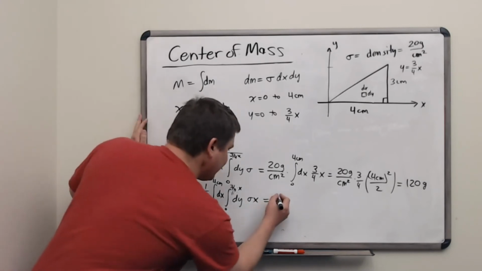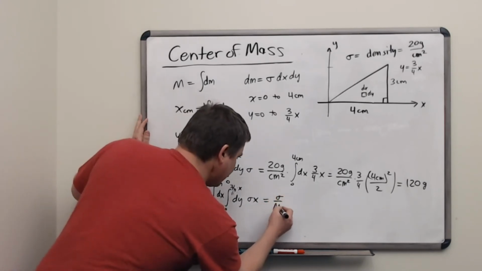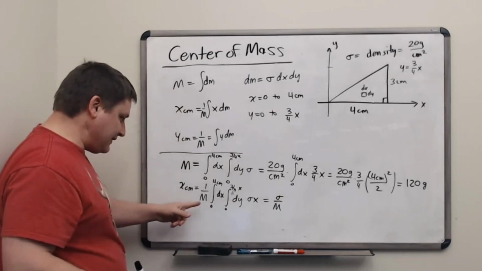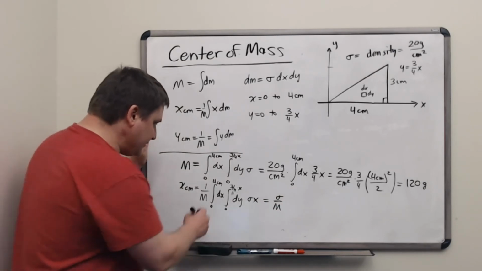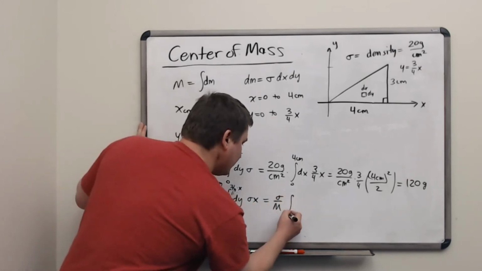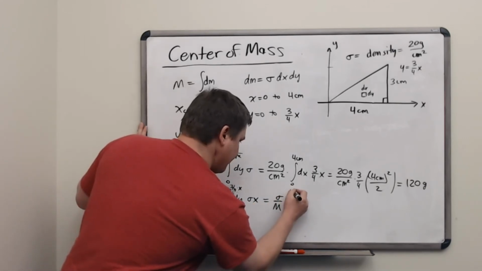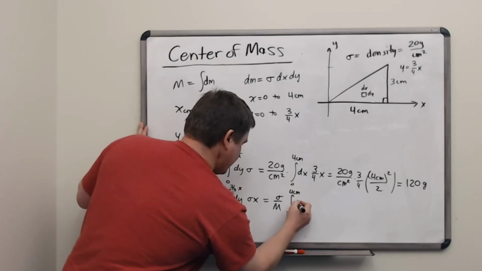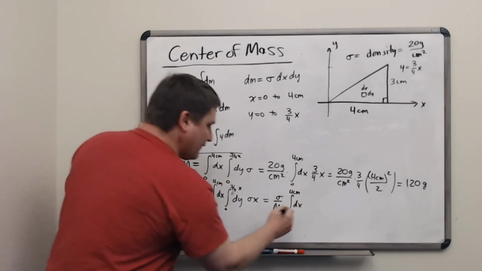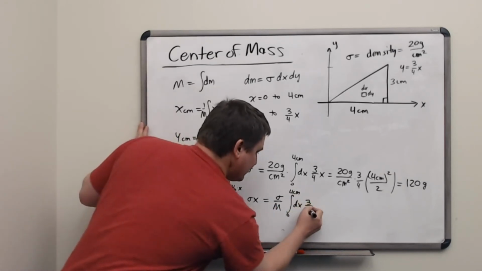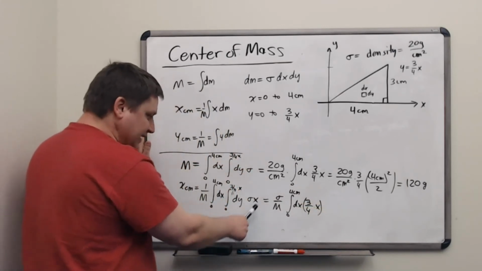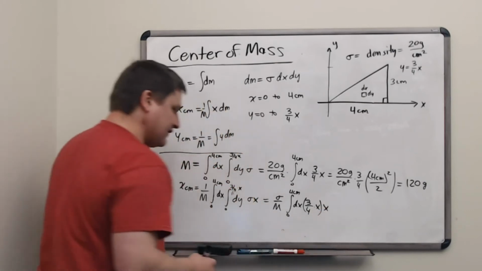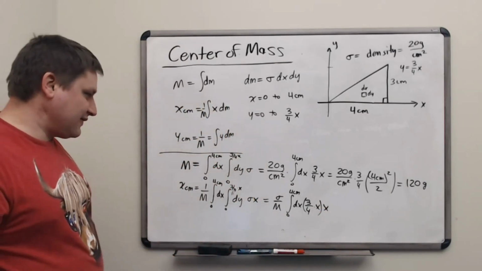Well, I can pull the sigma out front, that's still constant. My total mass is out front, that's outside anyway. When I do the integral over y, I will get that 3/4 times x that I got before. Then there's another x sitting here because we're doing the x coordinate of the center of mass.